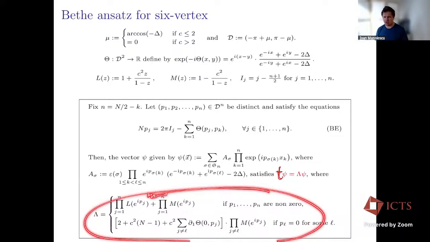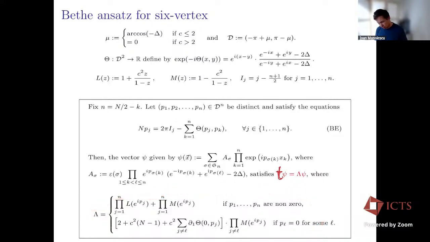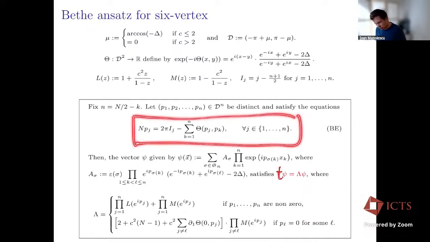And for a discrete system, trying to solve this is quite horrible, and trying to understand this. But there is an expectation that there exists a solution to these equations, and that this solution produces an eigenvector for this procedure here, and that this eigenvector is actually the leading eigenvector of the corresponding block.